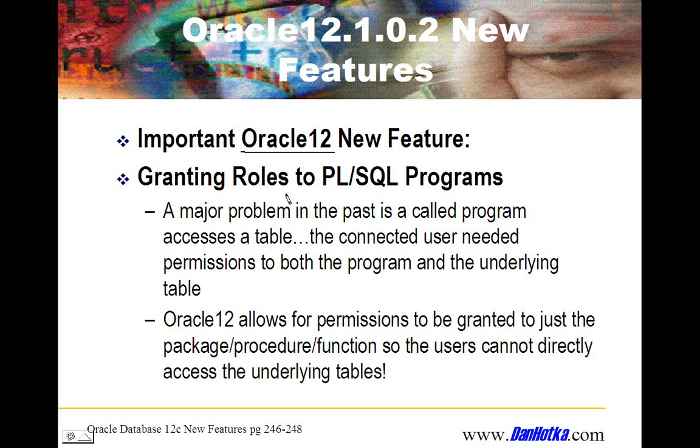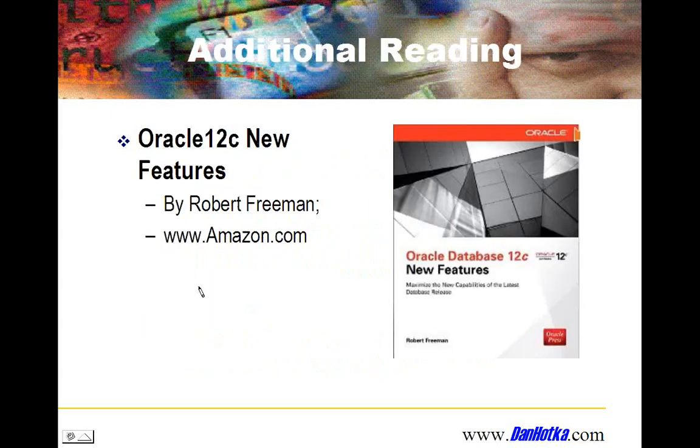What you do is grant permissions to people to execute a procedure or function, and the procedure or function is granted read access to the tables, not the people accessing the program, as it is currently in Oracle 11 and before. This to me is a key security feature. I learned about this in Robert Freeman's new book, Oracle 12c New Features, available on Amazon.com. This is also the course guide for my Oracle 12 New Features course.